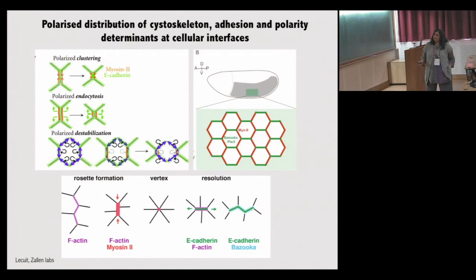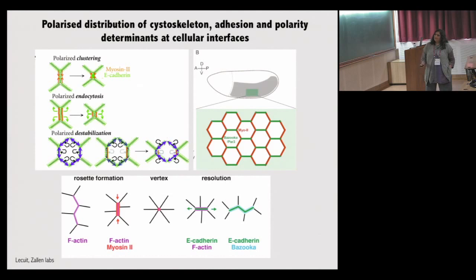What people also saw, and this is the image I showed you in the previous slide, was that myosin is enriched along these interfaces. There is a polarity protein, the same protein that's also polarized to the leading edge of a migrating cell, enriched along oppositely oriented interfaces.